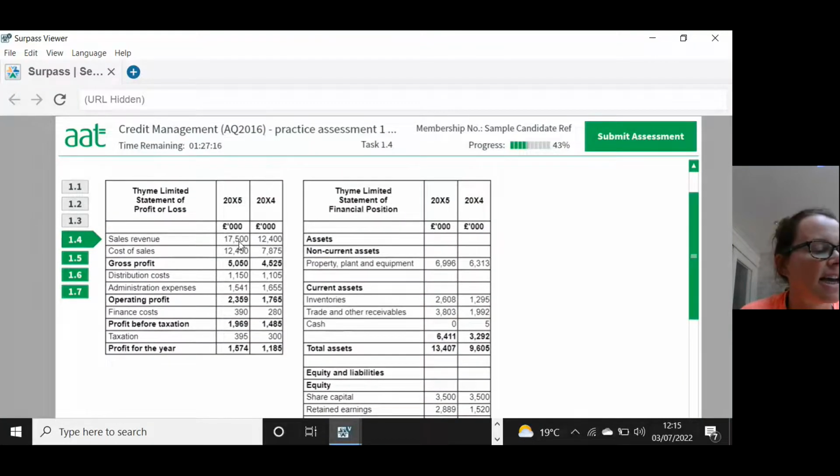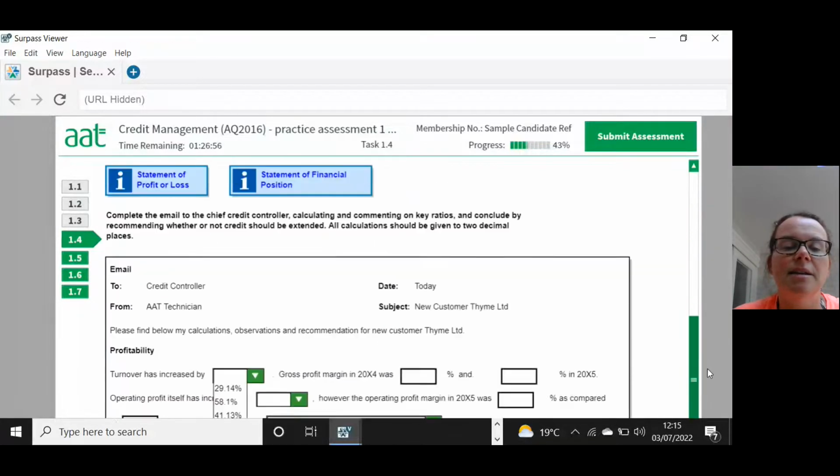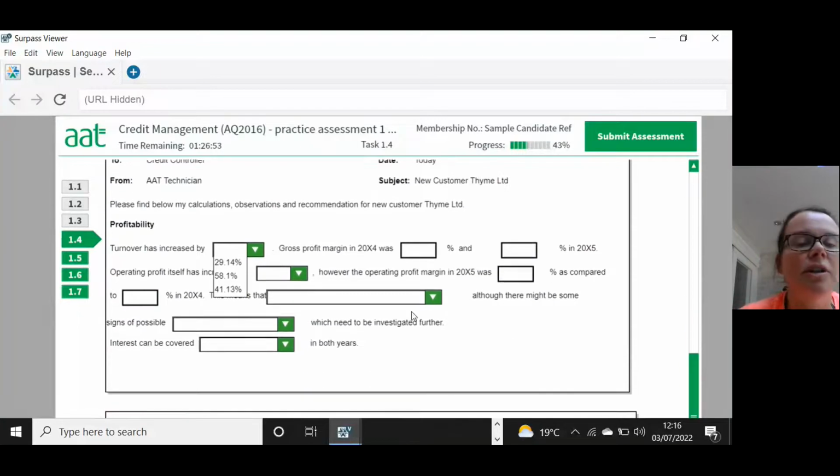So do 17,500 subtract 12,400 and then divide that difference by your starting point. So here your starting point was 12,400. So 17,500 minus 12,400, divide that answer by 12,400 and times it by 100, which should have given you this answer here.